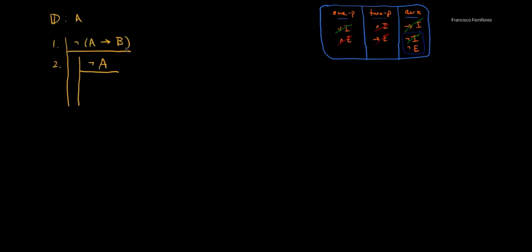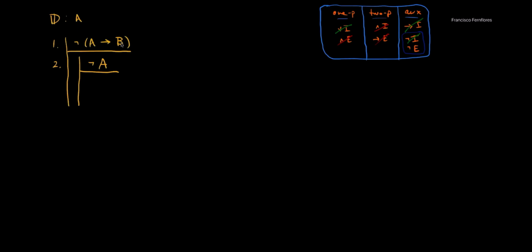There is nothing we can do with line 1 to transform its shape to be anything else other than adding a disjunction, which is not very useful. And so that tells me that the only way I'm going to use line 1 is by using it as half of a contradiction.